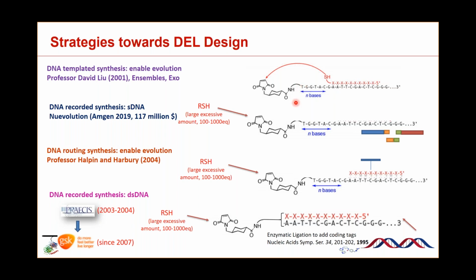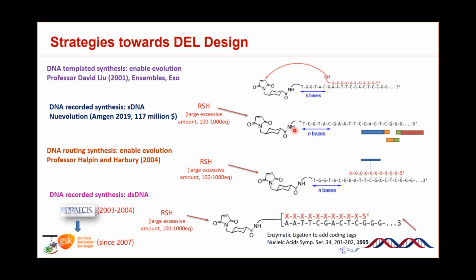So later, a new revolution came up with the idea of using just single-stranded DNA, linking straight to the DNA coding, but using the older-style chemistry and adding a large excess of reagent to increase the reactivity and solve this reactivity issue. They came up with the single-stranded DNA construction.